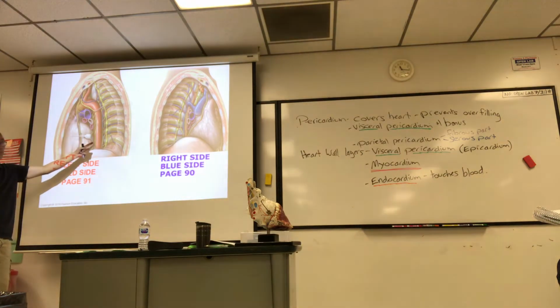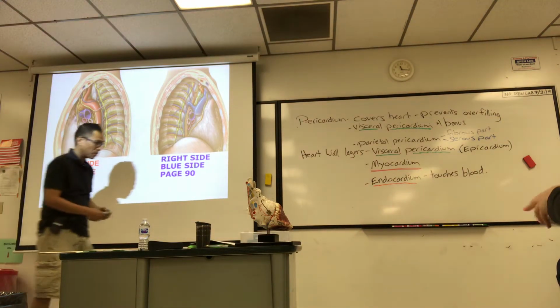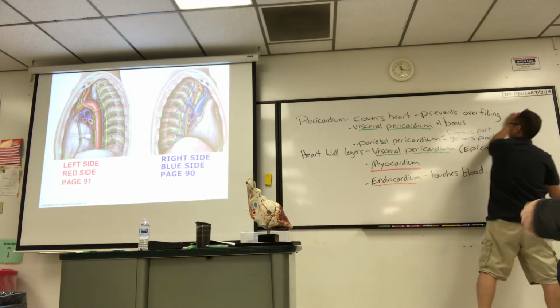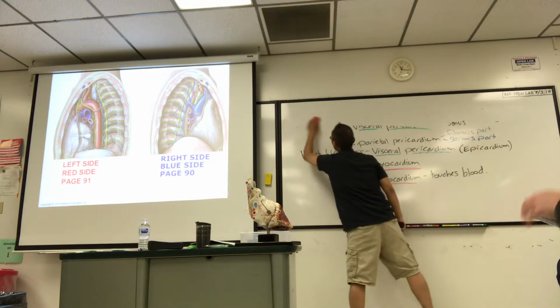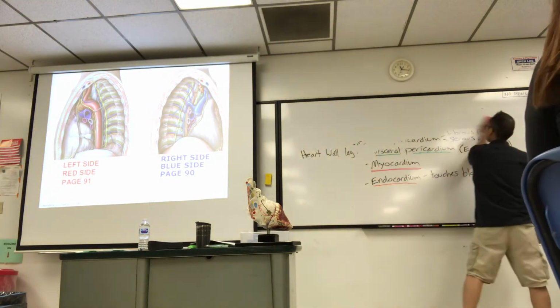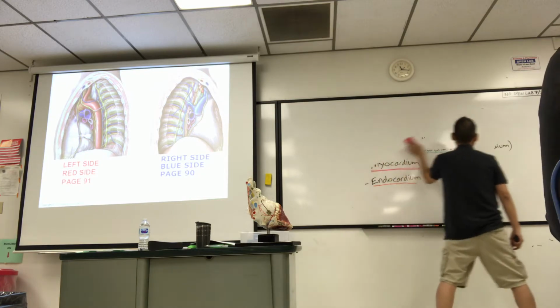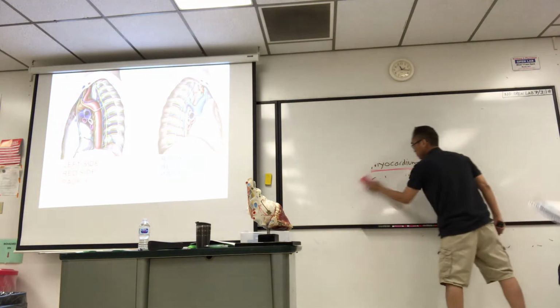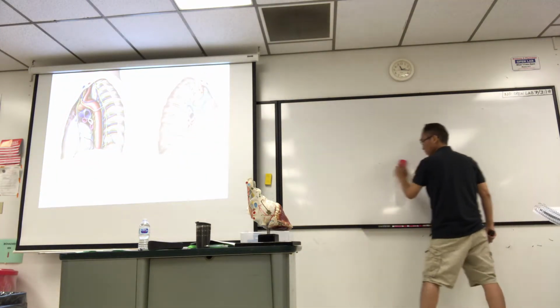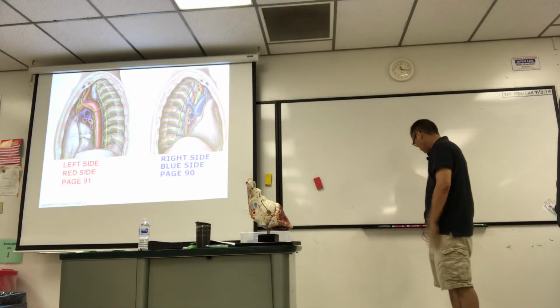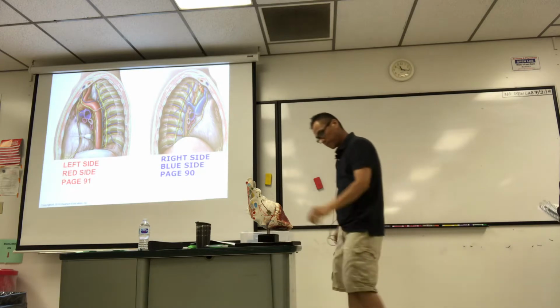This is the descending or thoracic aorta. Artery's on the left, vein is on the right. Just remember that.